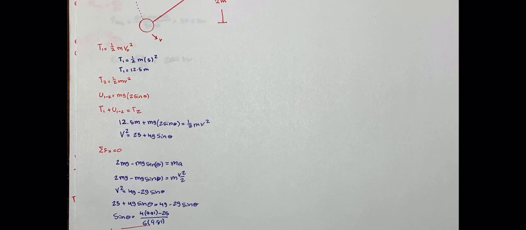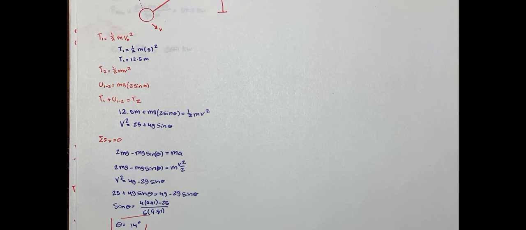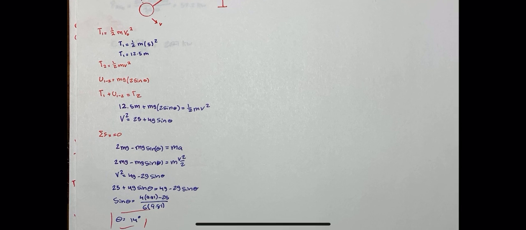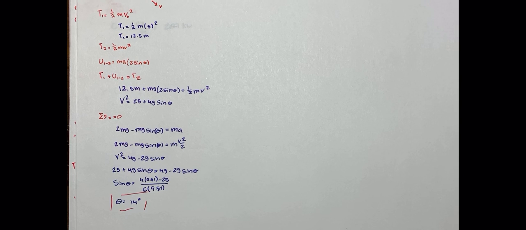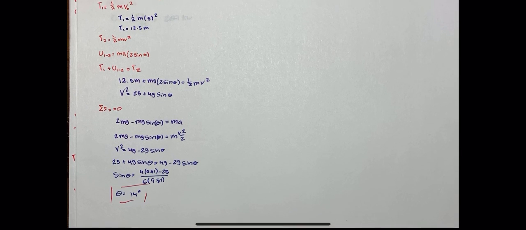We do know the work is mg times 2 sine theta. Knowing that T1 plus the work is equal to T2, we can plug in our knowns and solve for V.